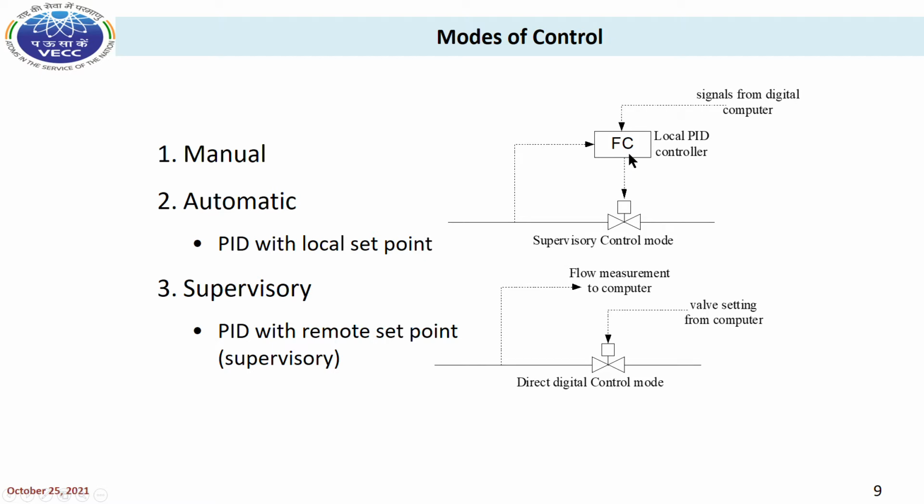The actual flow rate feedback goes to the flow controller. Only the flow rate set point value comes from the computer. This FC, this flow controller, is a local PID controller.